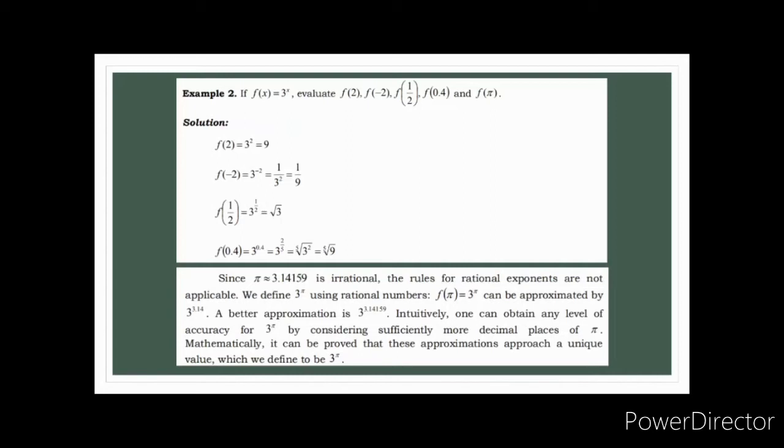Since pi, which is equivalent to 3.14159, is irrational, the rules for rational exponents are not applicable. So we define 3 raised to pi using rational numbers. So f of pi, which is 3 raised to pi, can be approximated by 3 raised to 3.14, or by 3 raised to 3.14159.